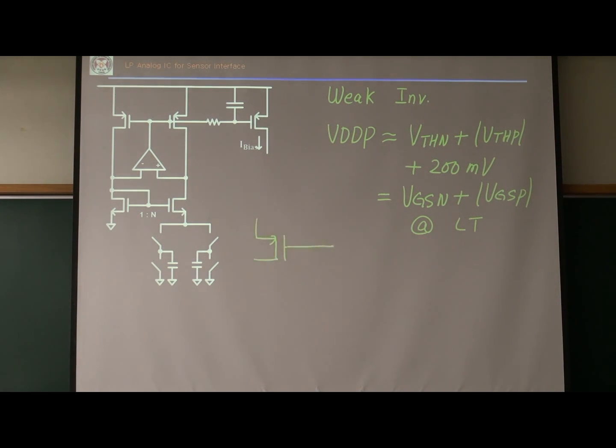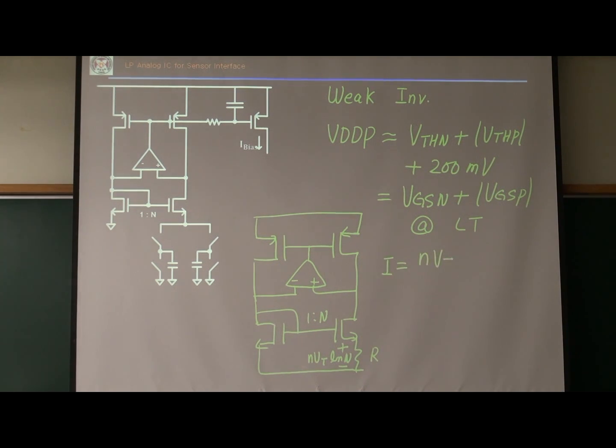Say this is a PMOS, and then this is R. This is 1 to N. In this case, you can see this is some N VT log N. So my current is only N VT log N divided by R, right?